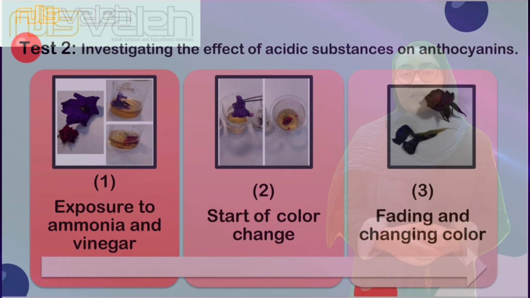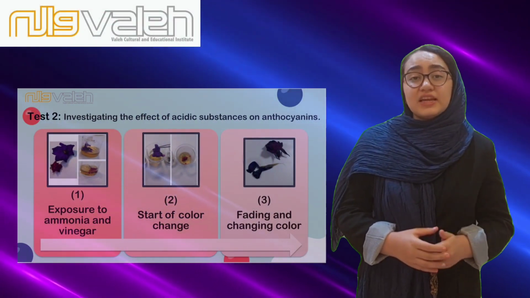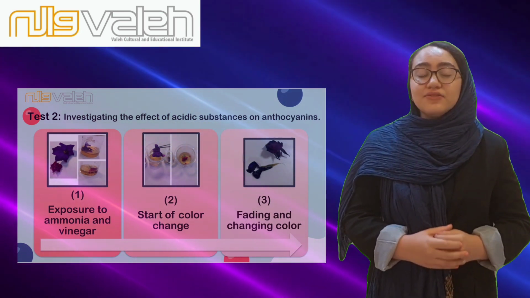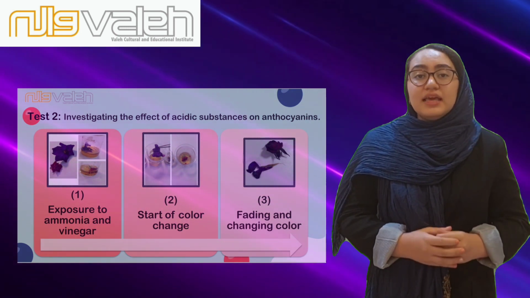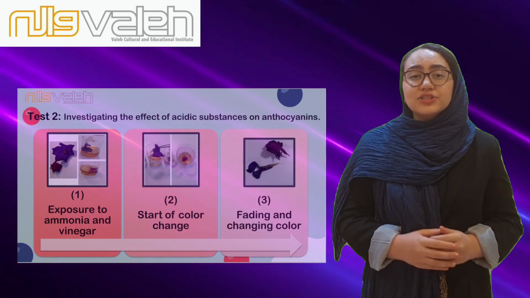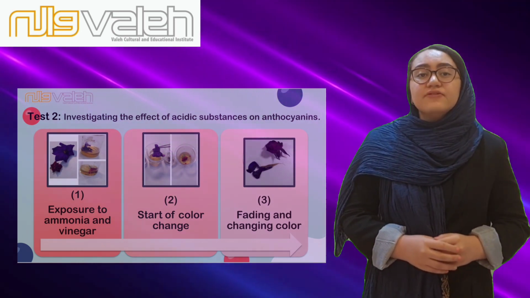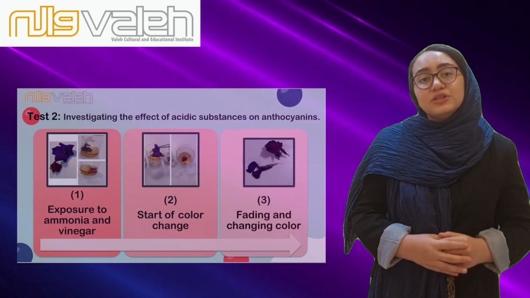About our second test data, which was carried out to investigate the effect of an acidic substance on anthocyanin. At first, you can see the first color of the flowers, and then we can see the color change started in the second picture, and fading and color change can be observed from the third picture.